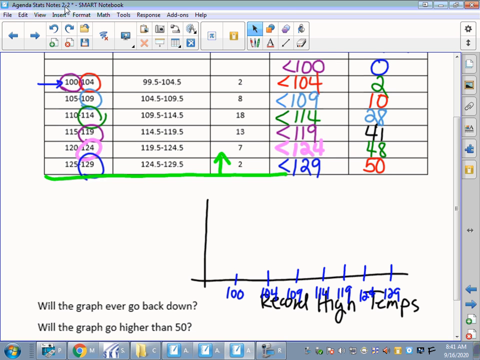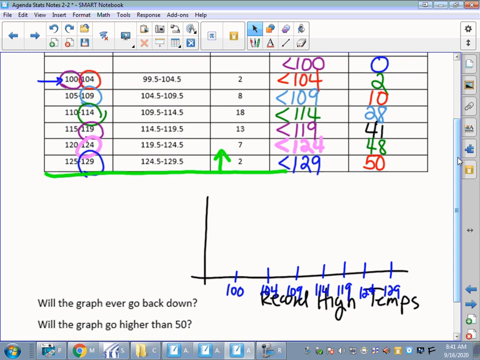So less than 100, less than 104. I don't put the less thans on that x-axis. I just include my upper bound. And then frequency happens to be cumulative frequency.